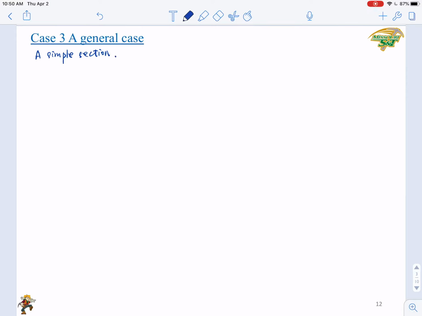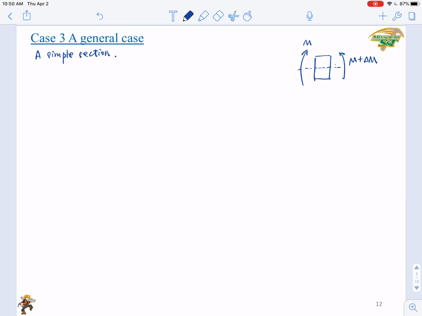Here let's consider a beam segment. Consider a beam segment subjected to M on the left and M plus delta M on the right. Then this is the neutral axis.